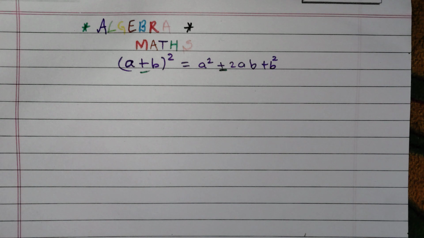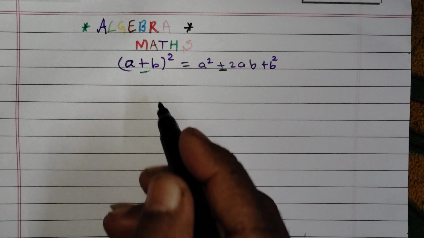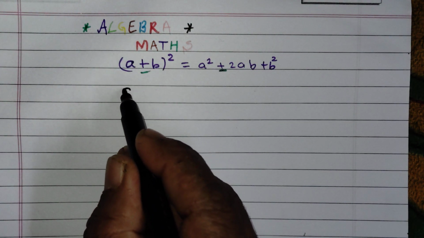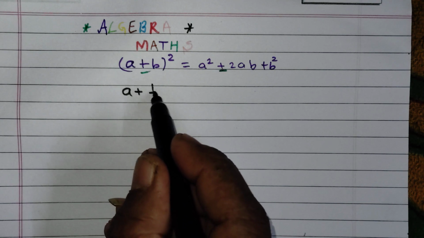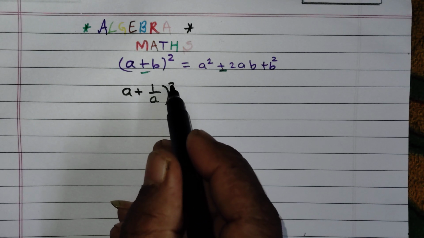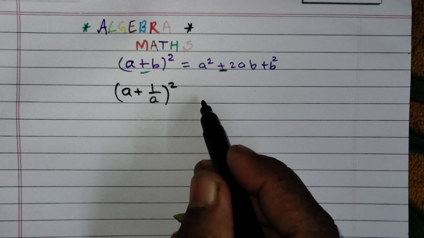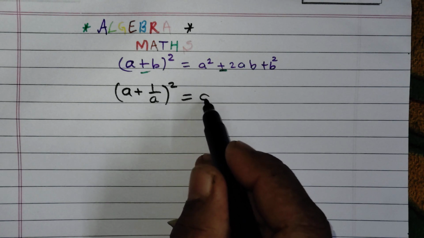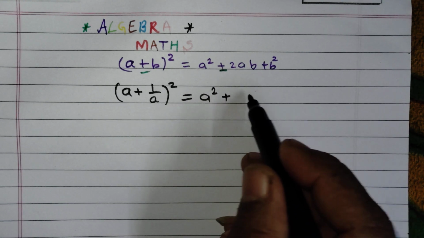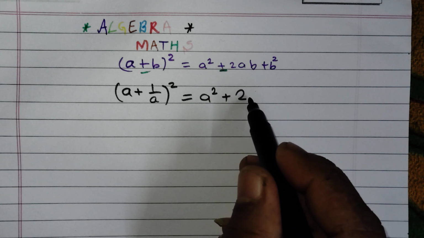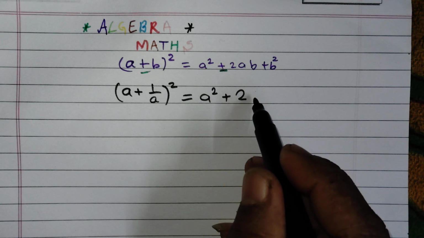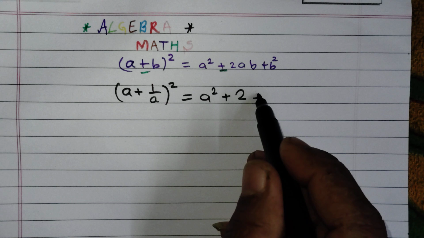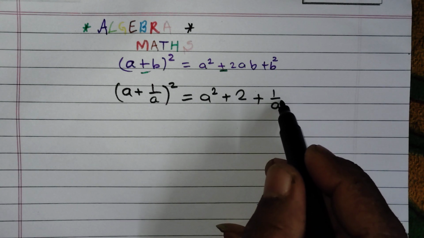So according to this, if we replace b with 1 upon a, the new identity becomes (a plus 1 upon a) whole square is equal to a square plus 2 into a into 1 upon a. That will cancel out, only 2 will be left, plus 1 upon a square.